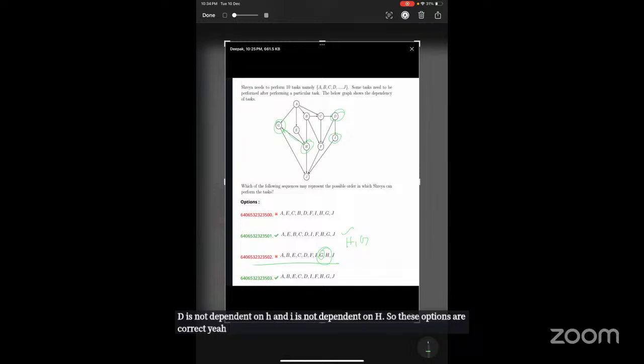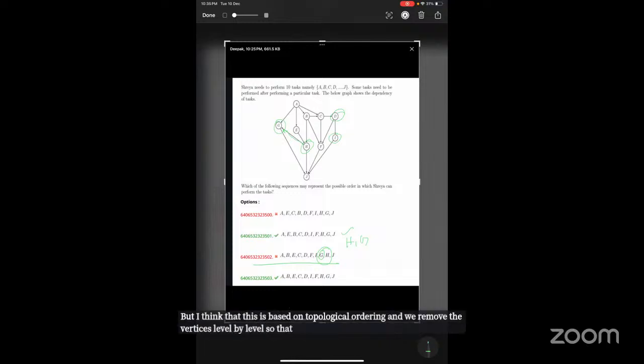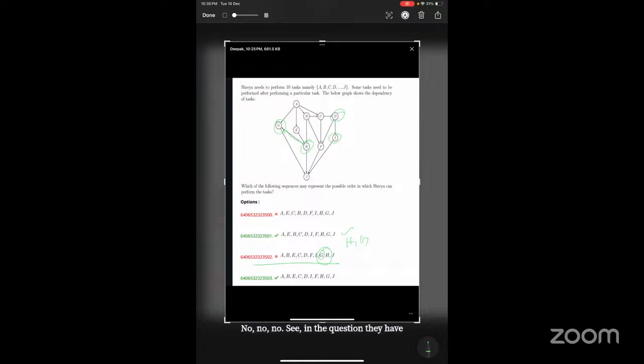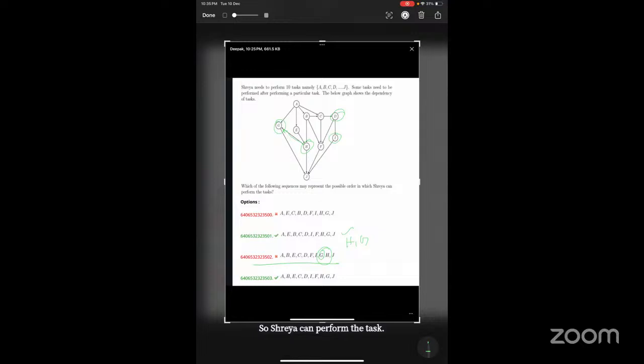But I think this is based on topological ordering and we remove the vertices level by level. See, in the question they have asked which of the following sequences may represent the possible order that Shreya can perform the task. So if the previous task is not dependent on the later task, then you can do the task earlier. So in that sense, it is correct.